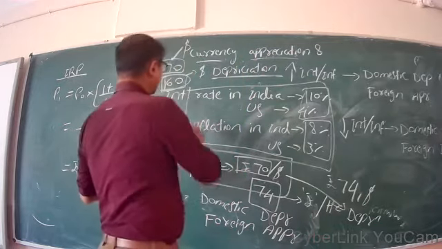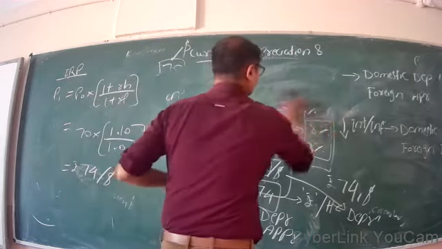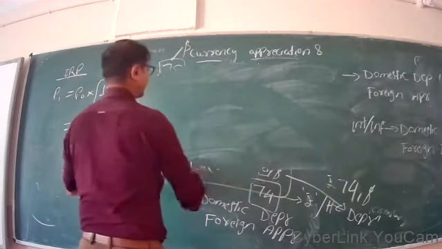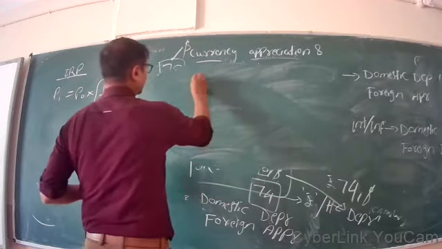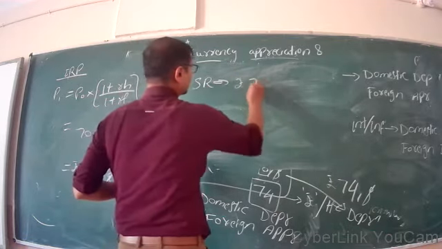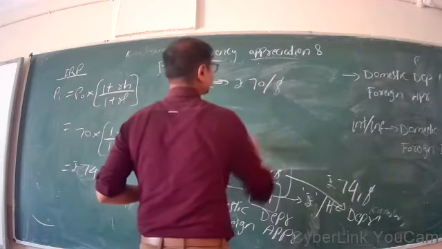Say, for example, the spot rate is rupees 70 per dollar.